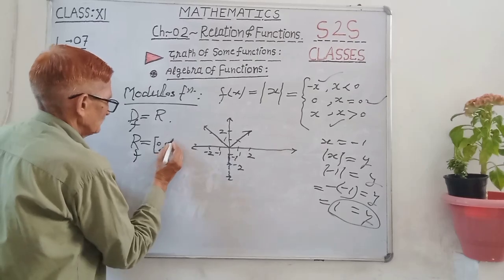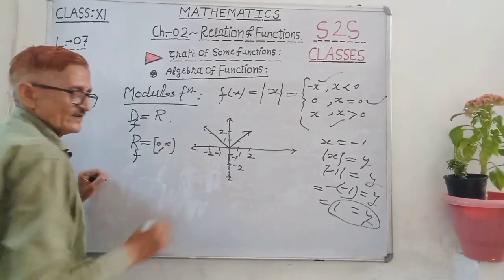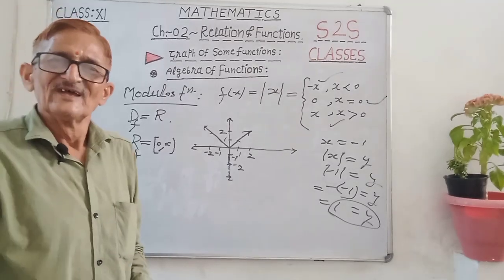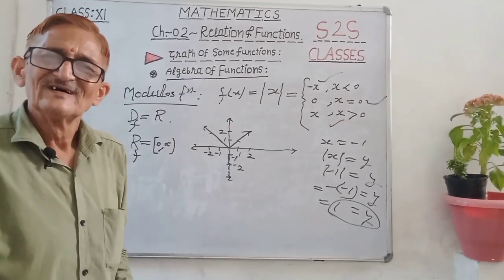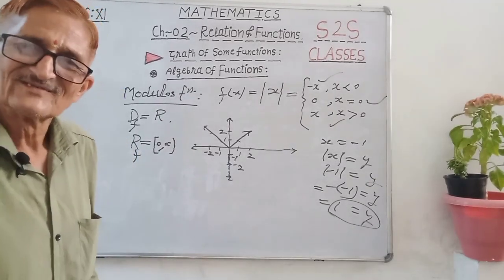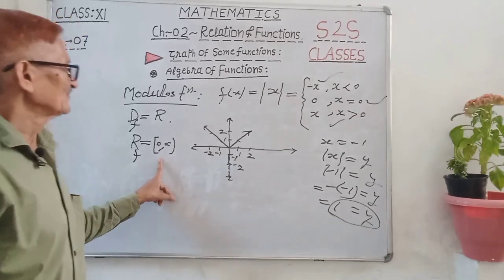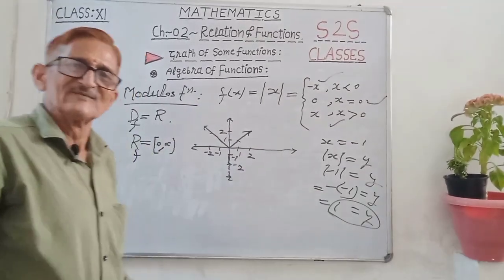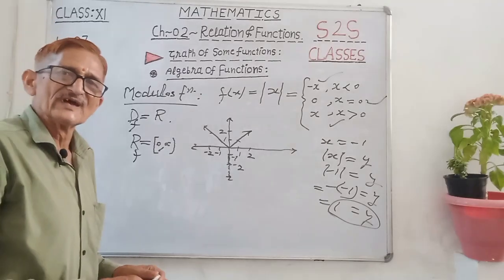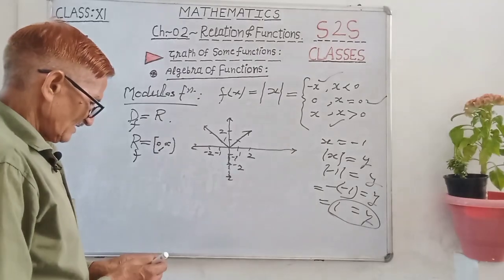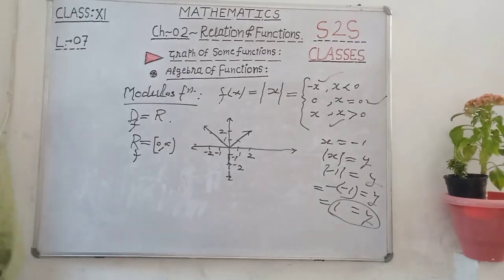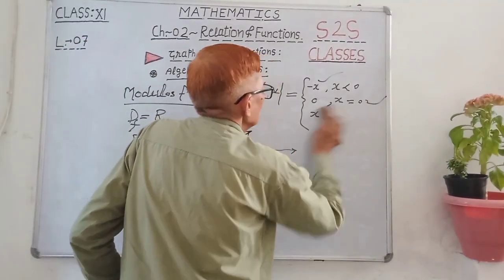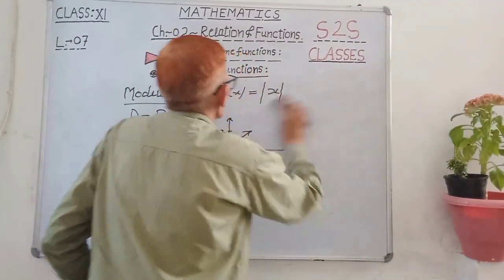All positive real numbers with 0, or we can say non-negative real numbers. What is the range of the modulus function? Non-negative real numbers means 0 and positive real numbers. This done. So like this graph, easy to draw, you can draw, understand modulus.